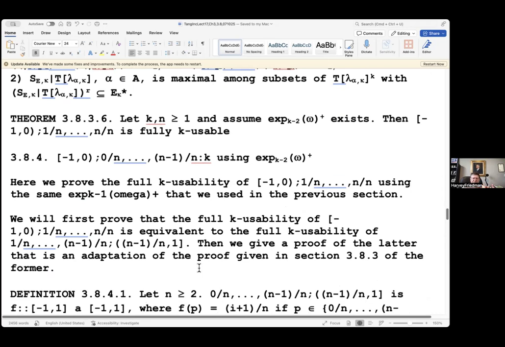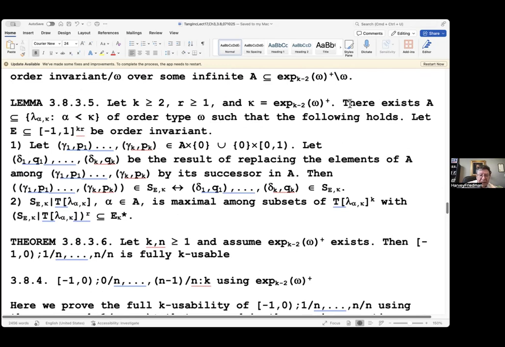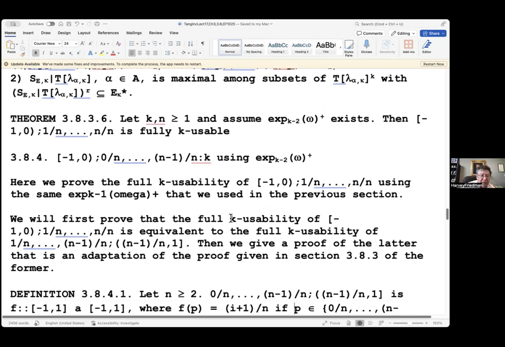And then we pull it back down to the rationals by taking a countable elementary equivalent substructure of something that looks exactly like what we need for usability of these functions. See here, the result of replacing the elements of A by its successor, like we did previously when we did the master construction. All right, so that takes care of this one.